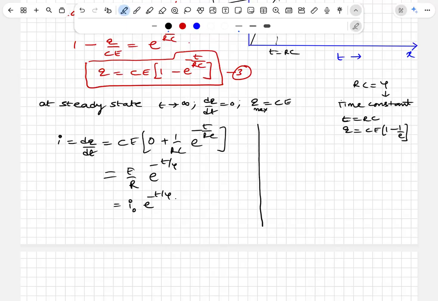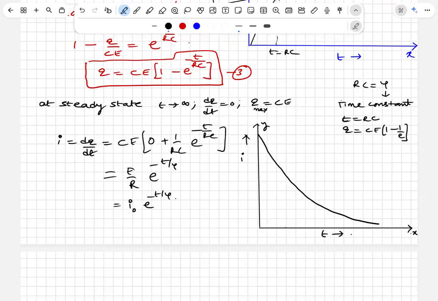Understand what is happening here. X-axis time, Y-axis current, boys and girls. That's how the current falls.